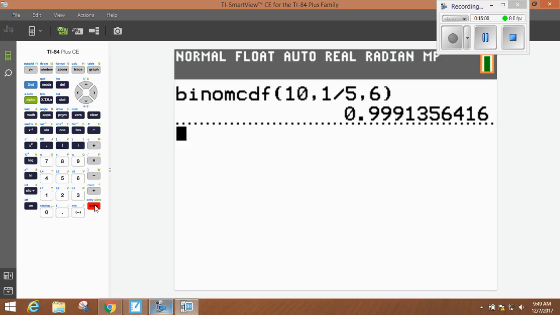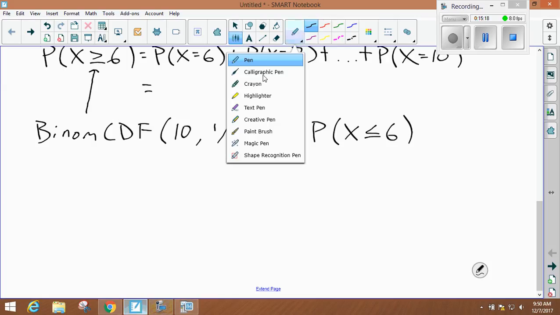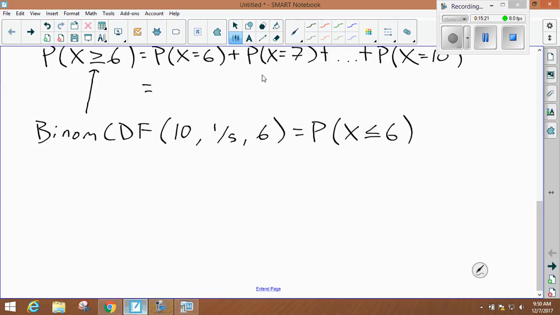So we've inadvertently calculated the probability that you fail, which should be fairly high. So this spits out 0.9991, but the answer we're looking for is actually the complement of that.